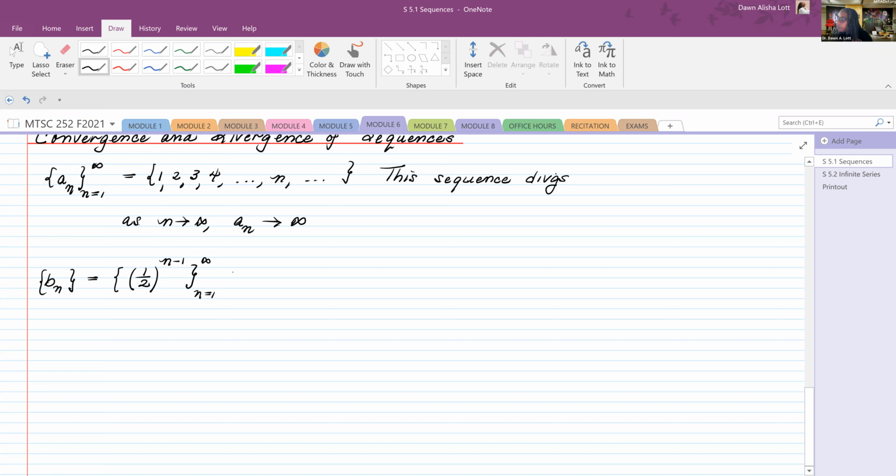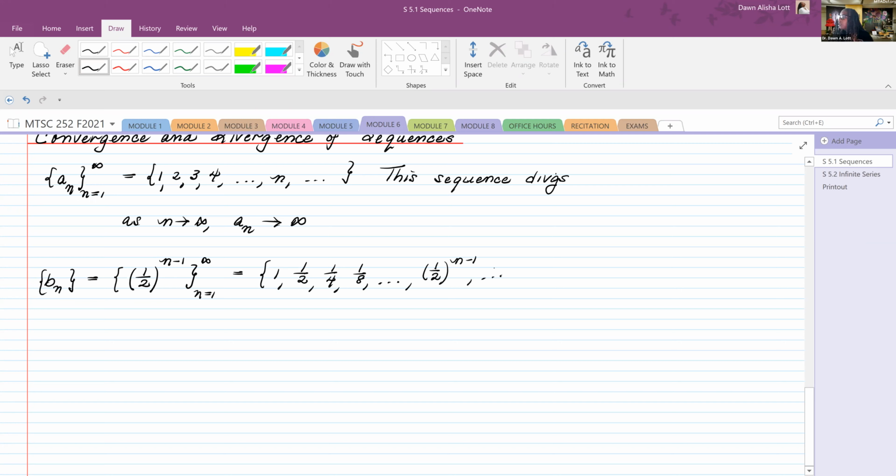All right, so we already know this sequence is 1, 1/2, 1/4, 1/8. We already know that's what the sequence looks like. (1/2) to the n minus 1.